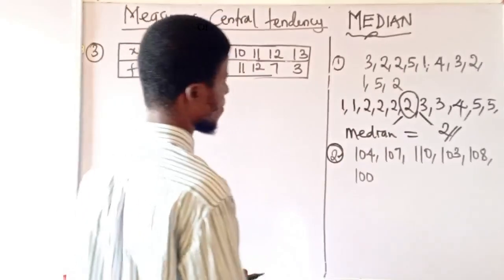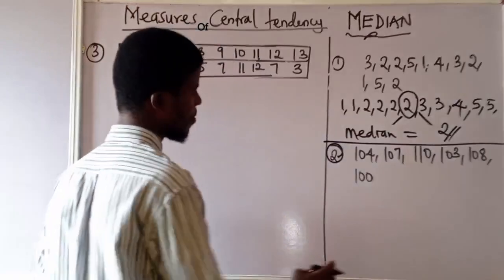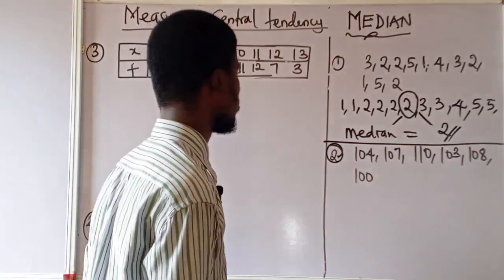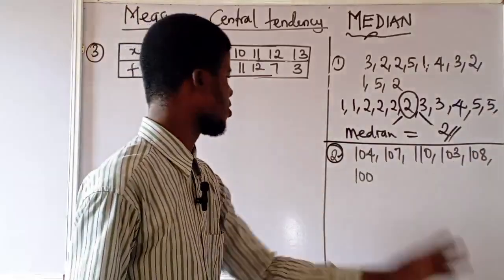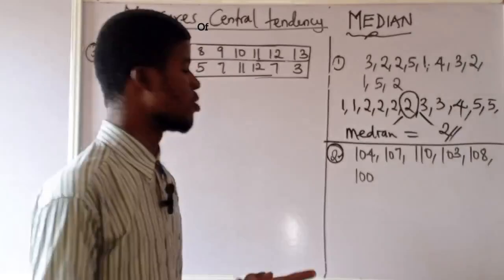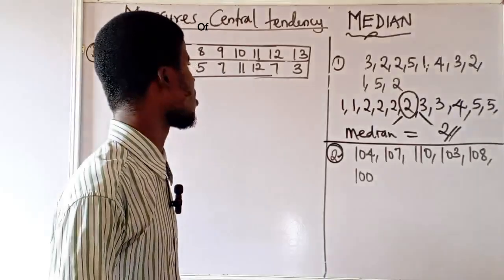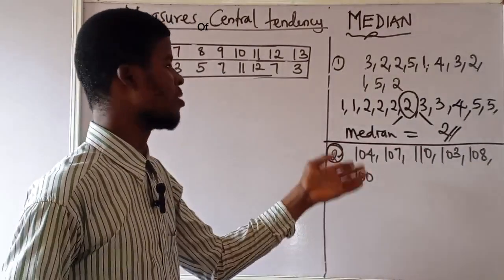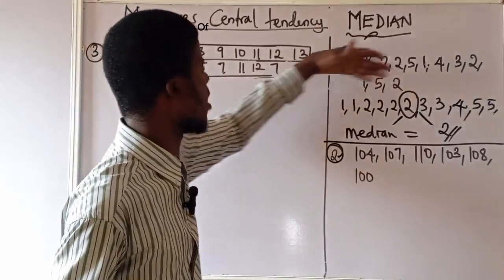Now look at this. Now determine the median of this set of numbers: 104, 107, 110, 103, 108, 100. We must arrange the numbers according to size. Let us arrange them, here from the lowest to the highest.